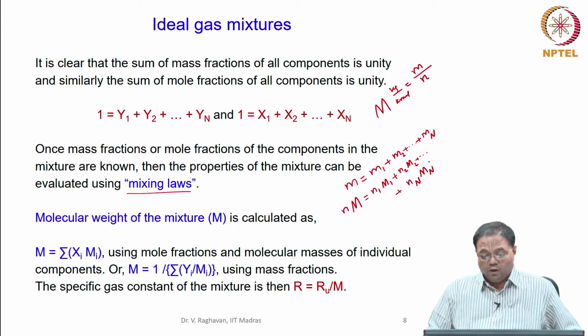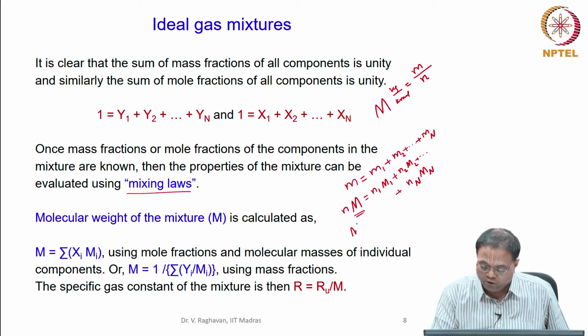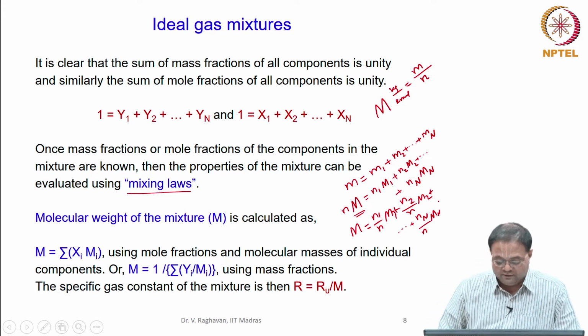Okay. Now I want the molecular weight of the mixture, this is unknown. Now divide this equation by n. So you will get molecular weight of the mixture is nothing but n1 by n into M1 plus n2 by n into M2 plus and so on to capital N divided by n into MN. So that is what I have written here, sigma xi Mi.